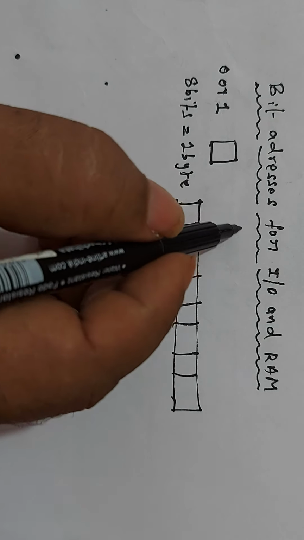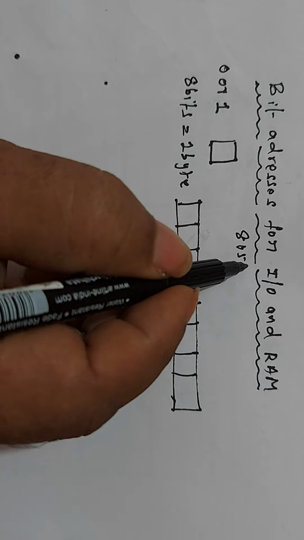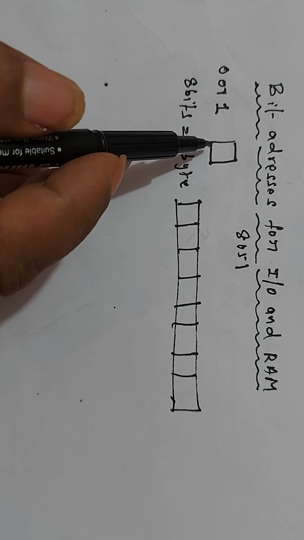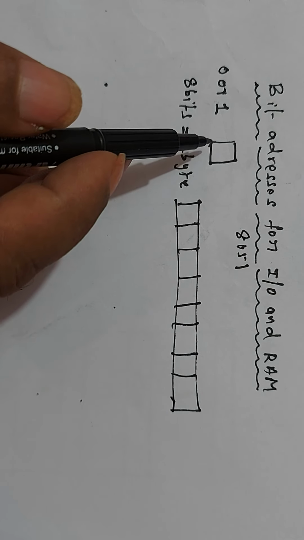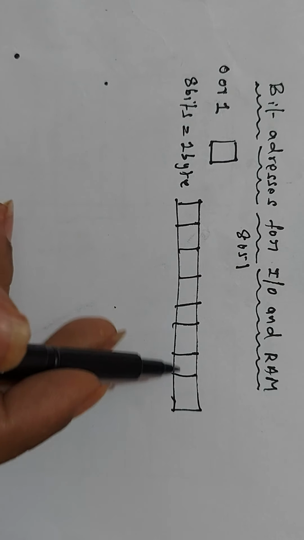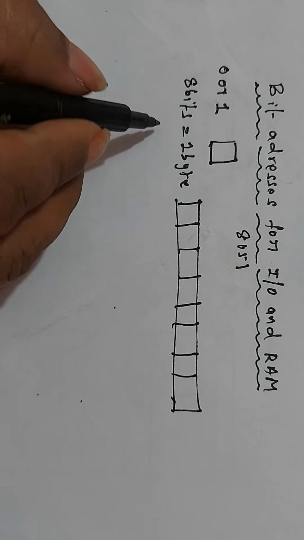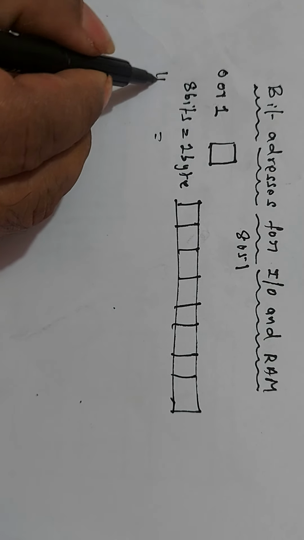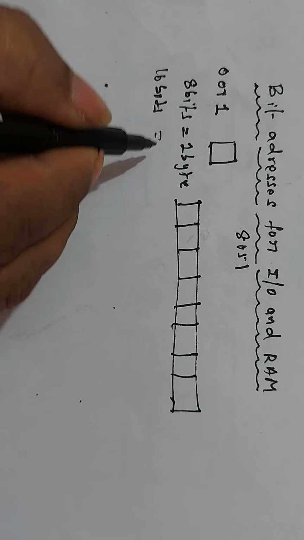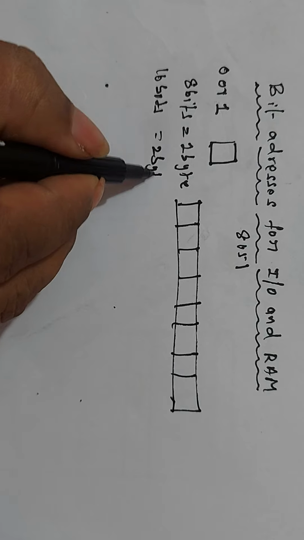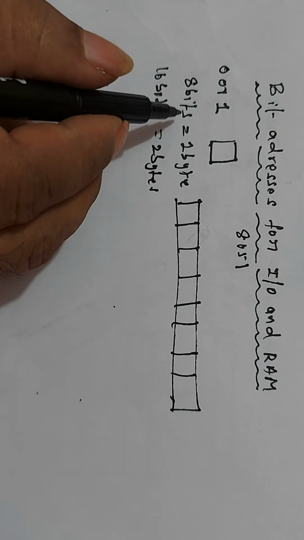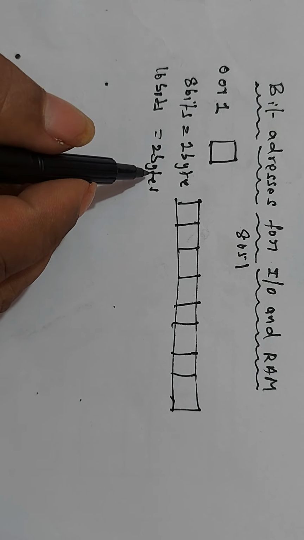The microcontroller 8051 has a number of single bit registers, a number of 8 bit registers, along with a number of 16 bit registers. 16 bits means 2 bytes. 1 byte is 8 bits, 16 bits is 2 bytes.